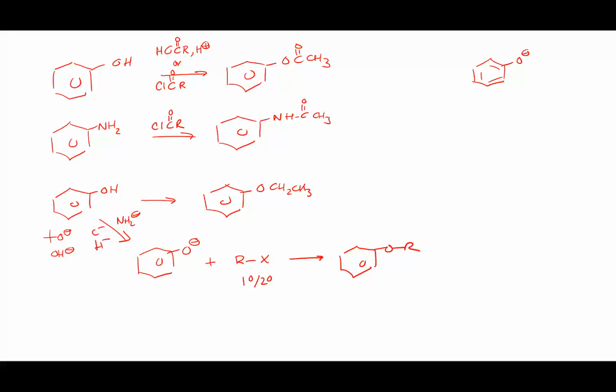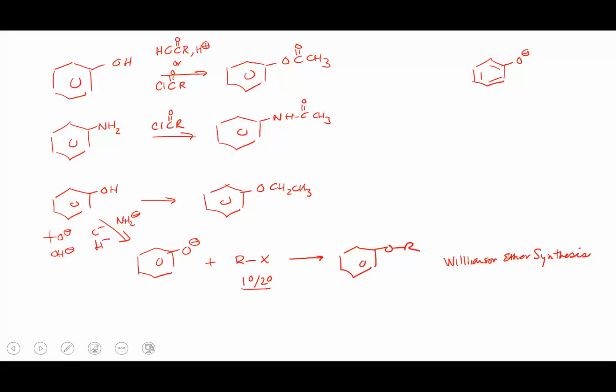Okay. And the restriction here is primary or secondary, because this is the Williamson ether synthesis. What kind of reaction is the Williamson ether synthesis? If this is a primary or secondary halide, this mechanism is either SN1 or SN2.